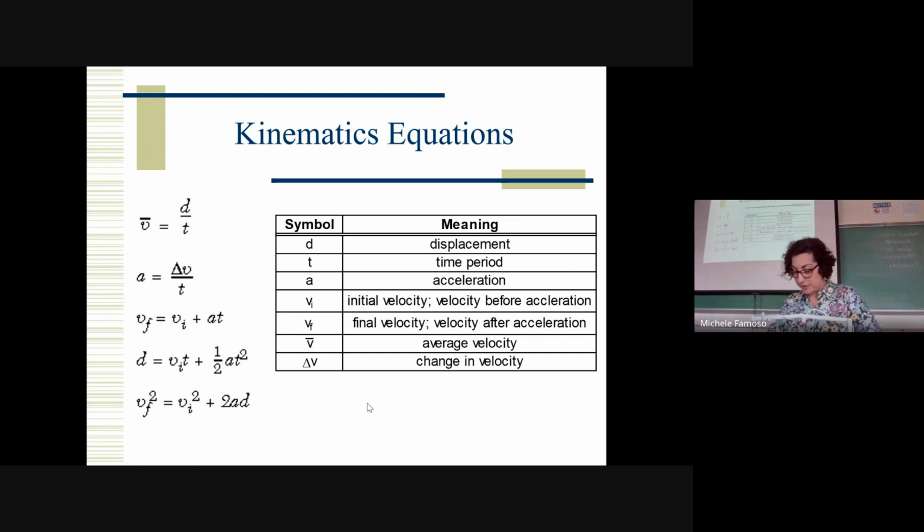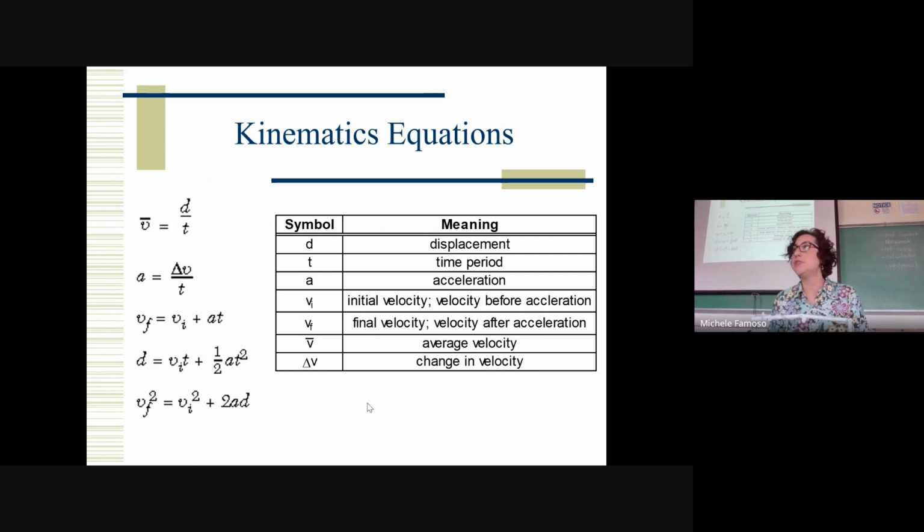Lowercase t, we should have that checked off as well, represents the amount of time over which the object was moving, and we'll be measuring that in seconds. Lowercase a stands for the acceleration of the object, and that is always measured in meters per second squared. Now we have VI and VF, which you should have added to the list on the right-hand side previously in this unit.